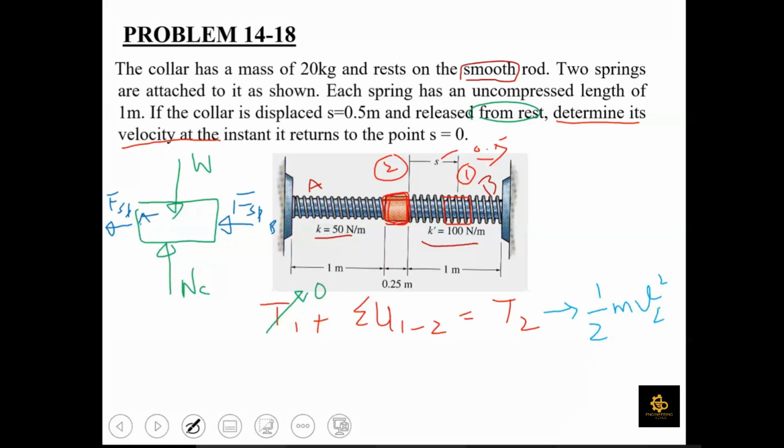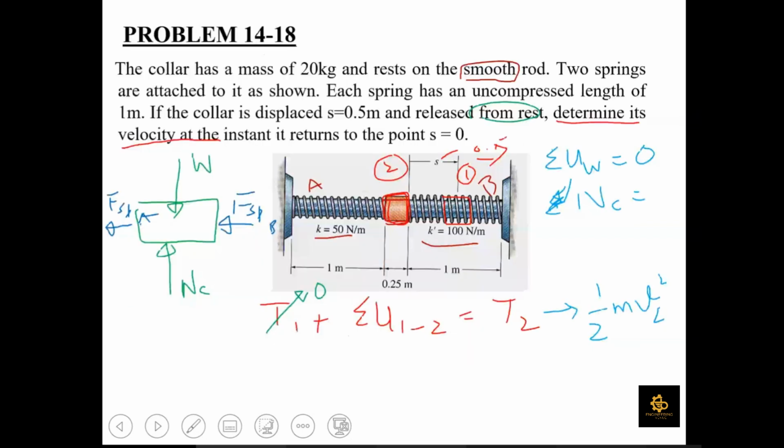क्या weight work की तरफ contribute करेगा? No, sir. So weight would not be contributing towards work. Similarly, what about normal reaction? Will it be contributing towards work done? No, sir.